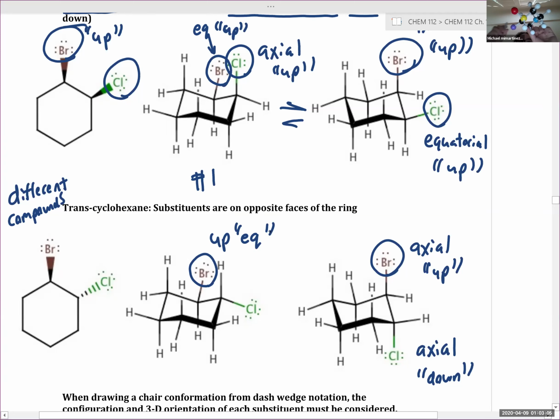Okay, let's look at our chlorine now. Is our chlorine axial or equatorial? Yep, it's equatorial. But, and this is really critical, is this chlorine pointing up or down? Yep, down.